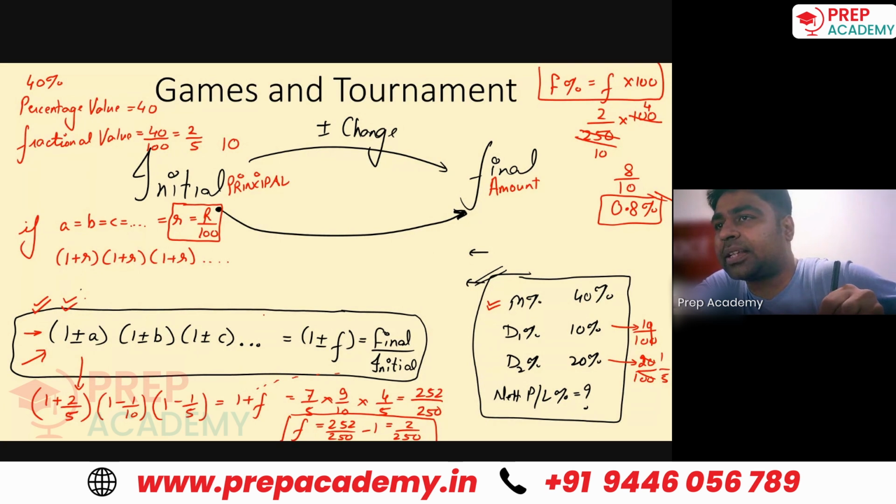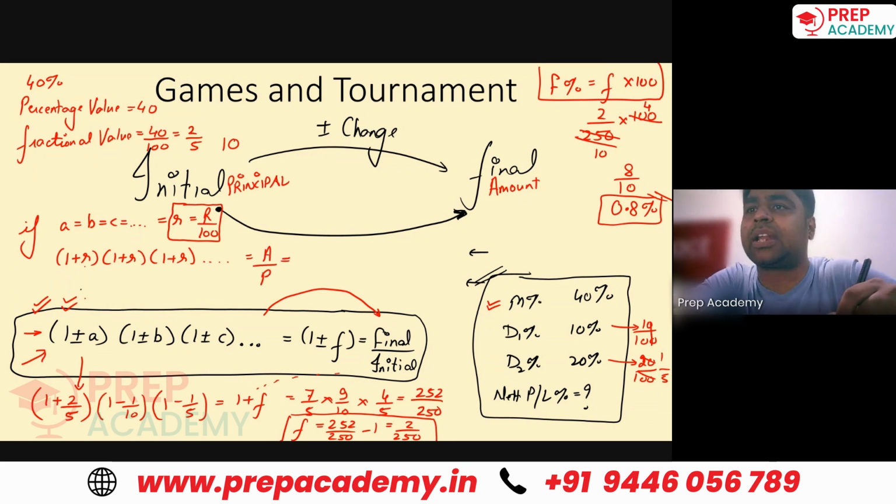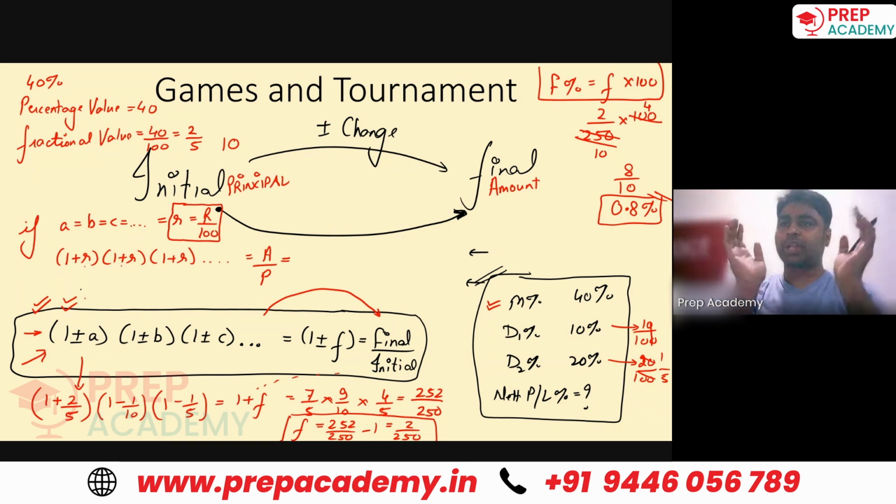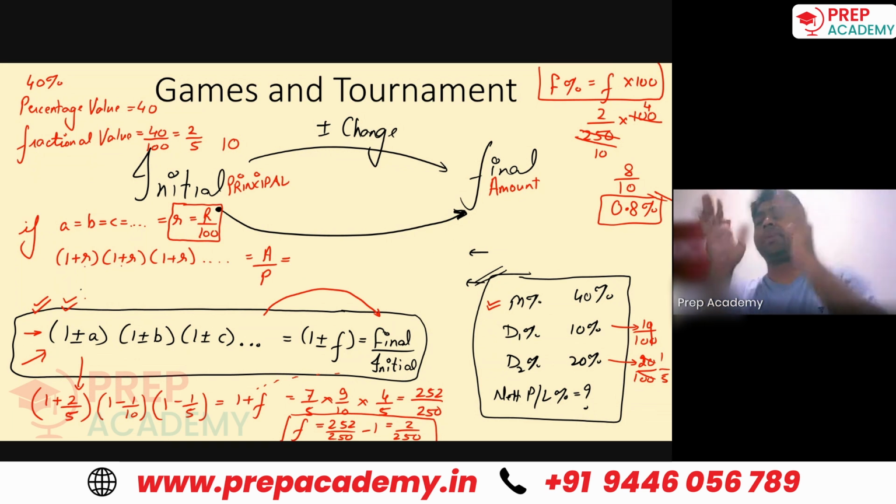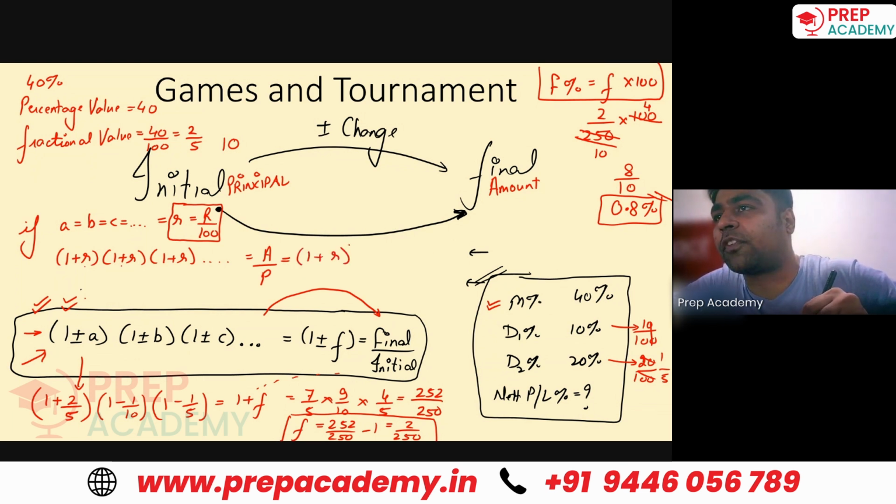Yes, sir. If I compare this with this, the final thing is amount, the initial thing is principal. Now 1 plus r into 1 plus r is 1 plus r square. 1 plus r into 1 plus r into 1 plus r is 1 plus r cube. If it is for n times, it would be 1 plus r to the power of n.